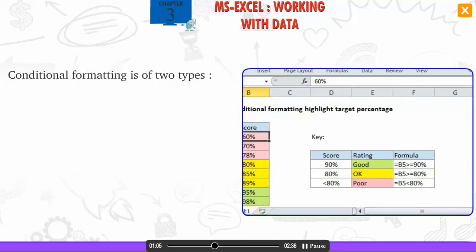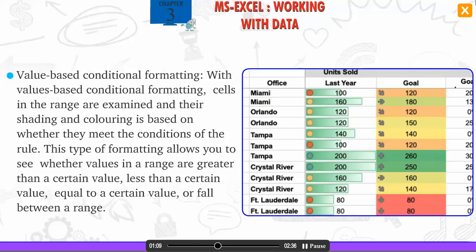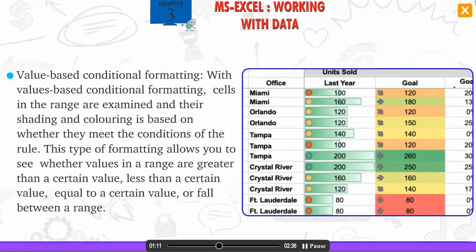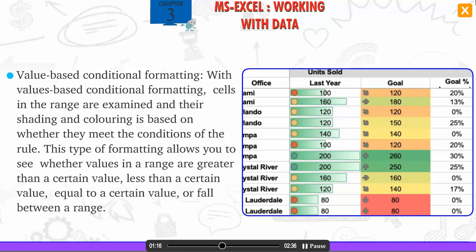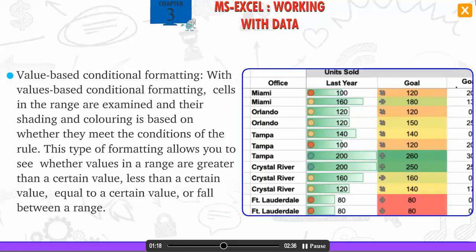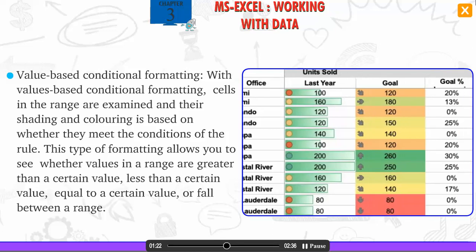Conditional formatting is of two types. Value-based conditional formatting. With value-based conditional formatting, cells in the range are examined and their shading and coloring is based on whether they meet the conditions of the rule.